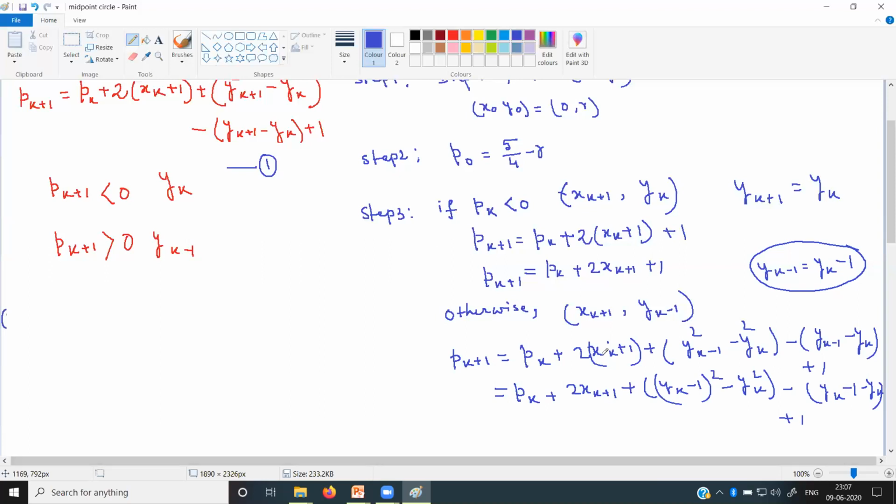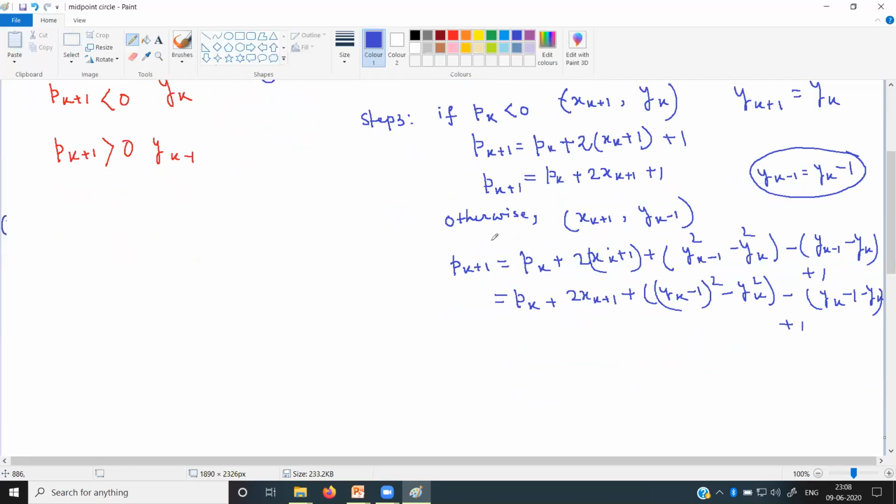If you derive it, you will get p of k plus 2x k plus 1 plus yk square minus 2yk plus 1 minus y square k.